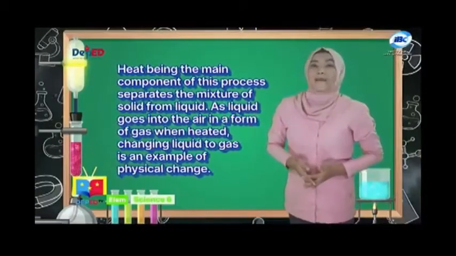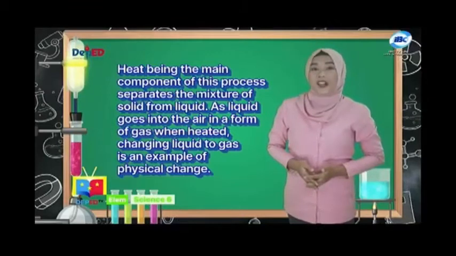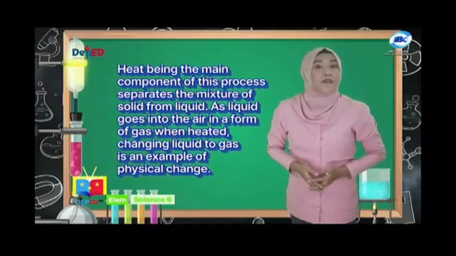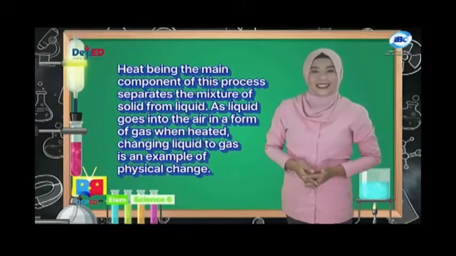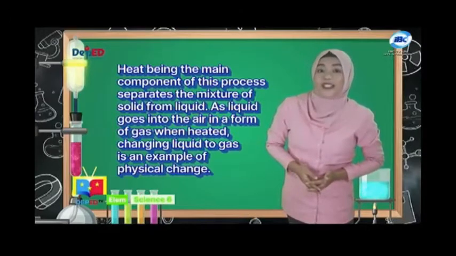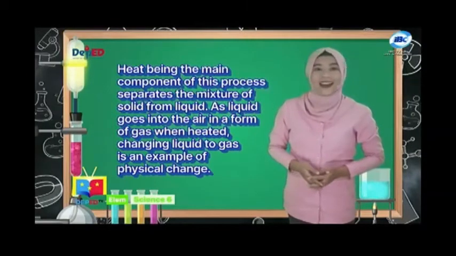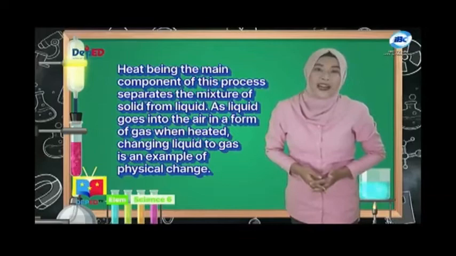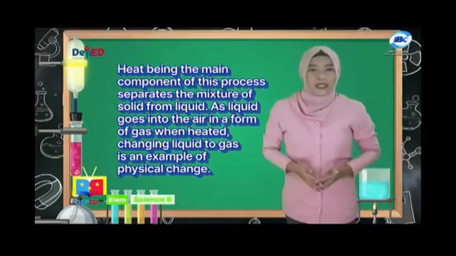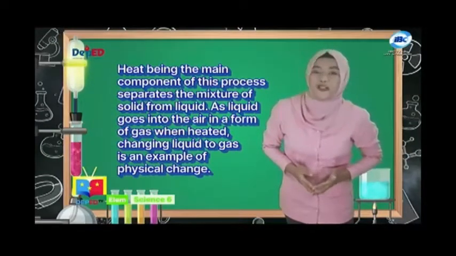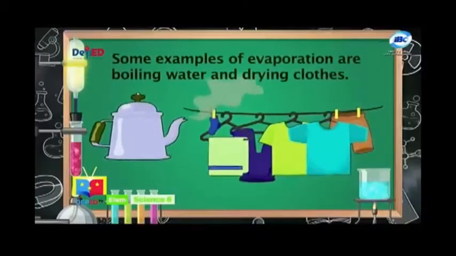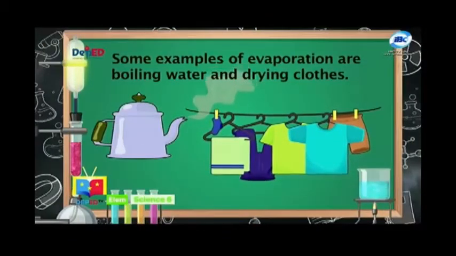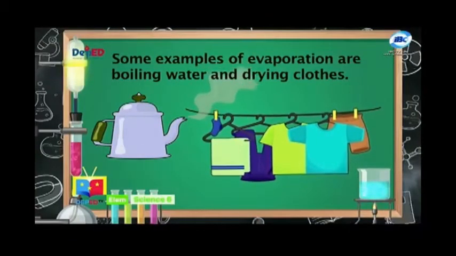Heat, being the main component of this process, separates the mixture of solid from liquid. As liquid goes into the air in the form of gas when heated, changing liquid to gas is an example of physical change. Some examples of evaporation are boiling water and drying clothes.